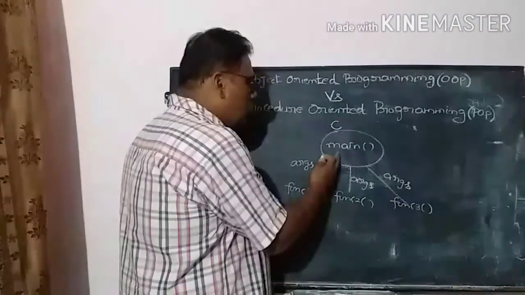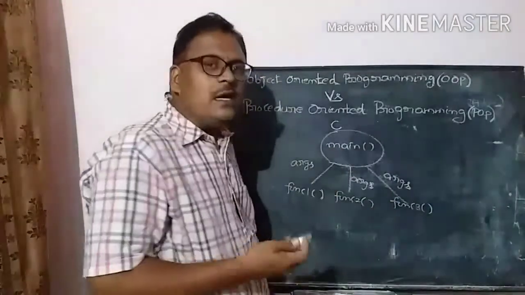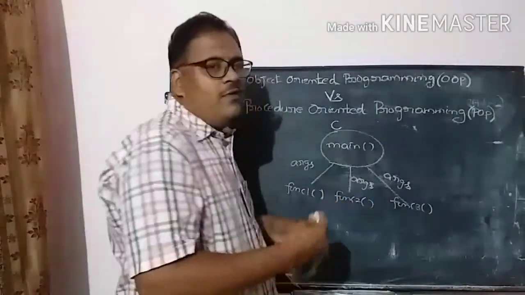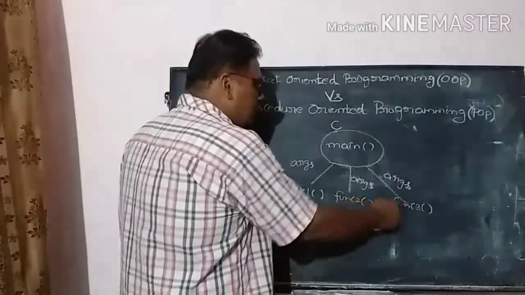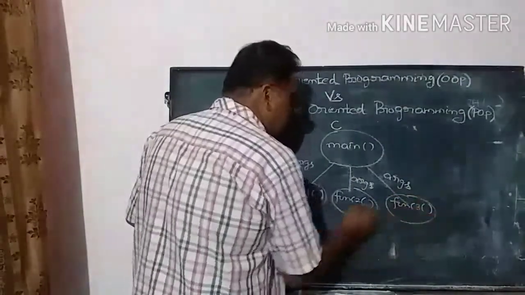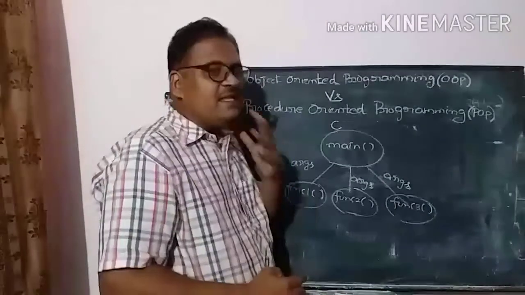From the main function we can send variables, that means arguments, to function 1, function 2, function 3 freely. Functions also communicate with each other. Function 1 can send arguments to function 2 and function 2 can send arguments to function 3.